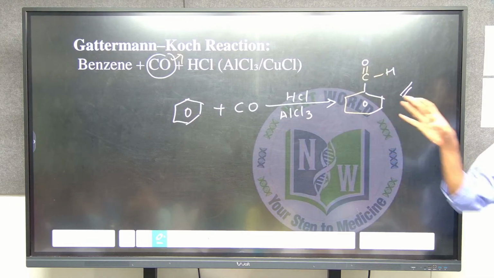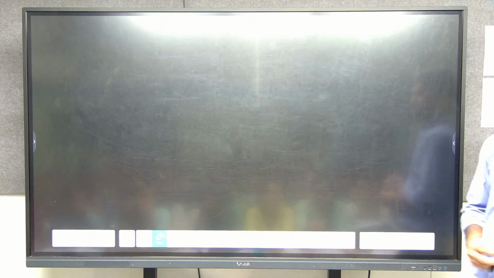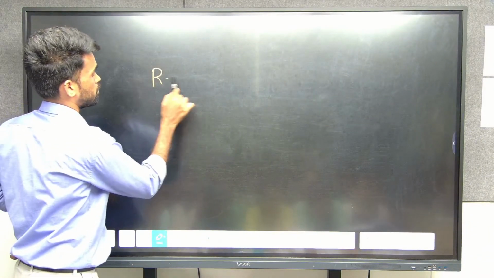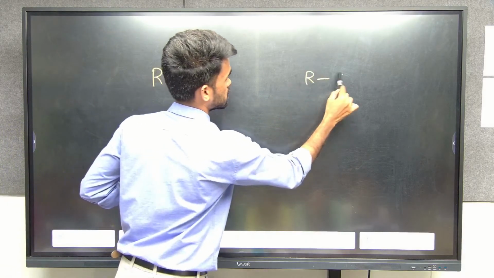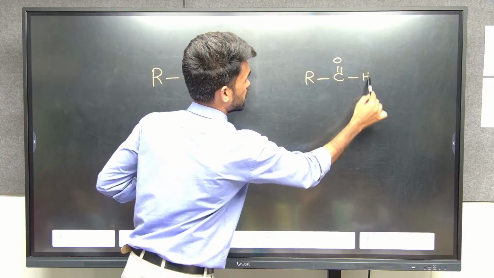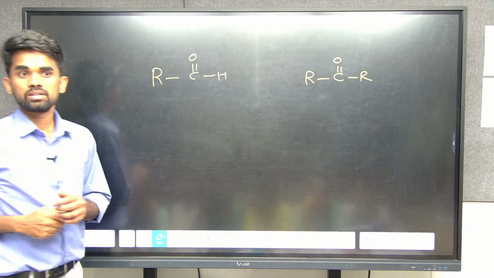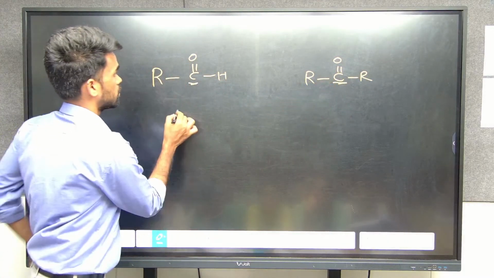Now these are some methods of preparation of what? Aldehydes and ketones. Now chemical properties we need to know. Aldehyde means like this, ketones means like this. What is the hybridization of the carbon in each case? sp2.